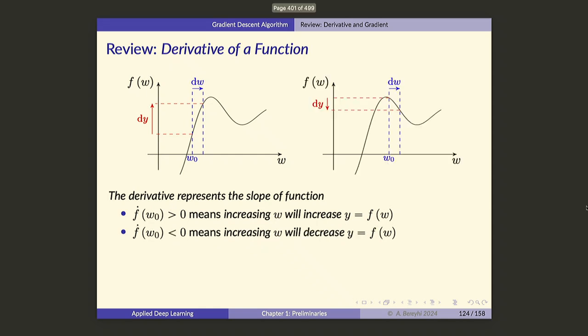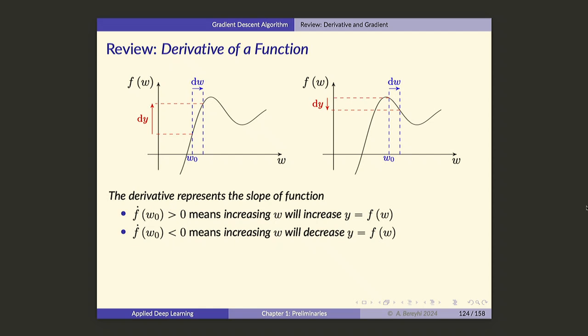Now, what if the derivative is negative? What does it mean? The function is decreasing. So if I go forward, the function is going to drop, and if I go backward, the function is going to increase.